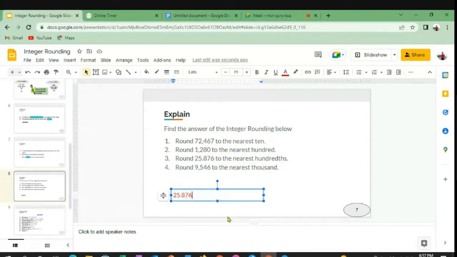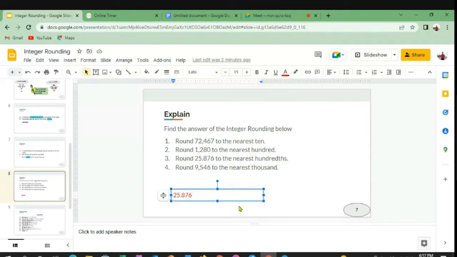We only count the digits after the decimal point. It depends on the question, whether it asks to round to the 10th or 100th.